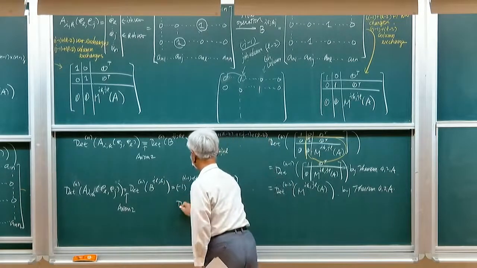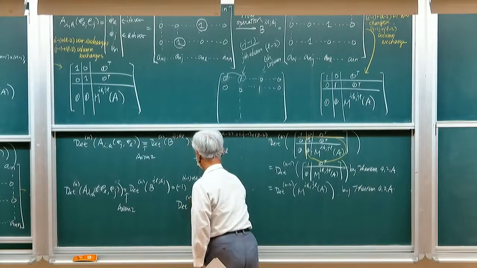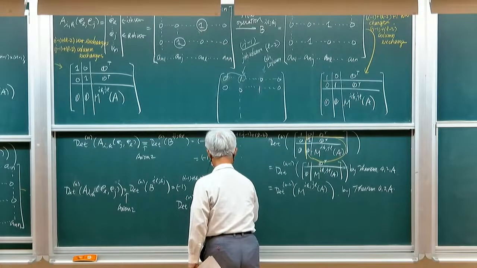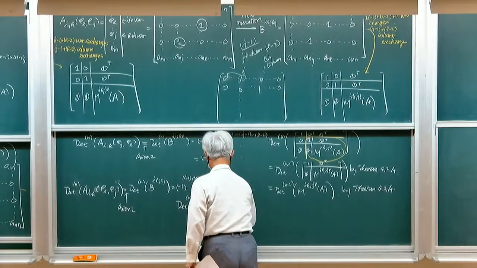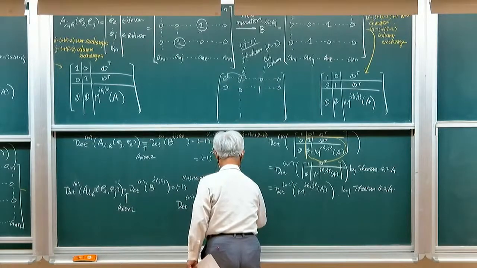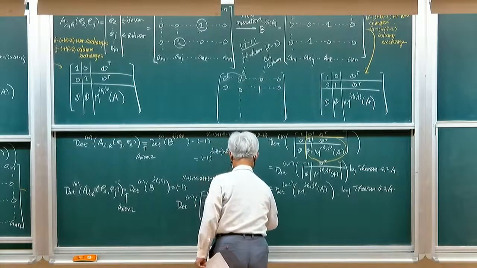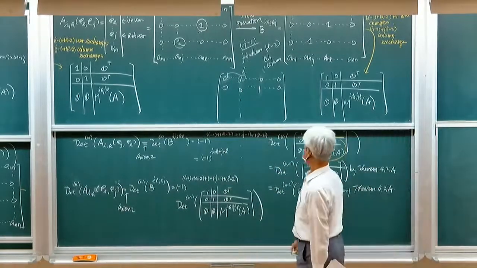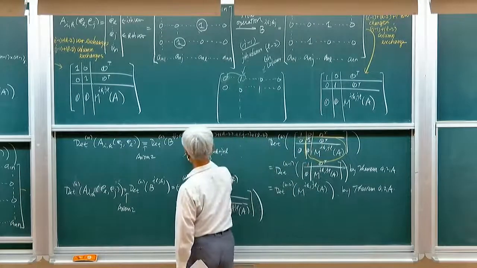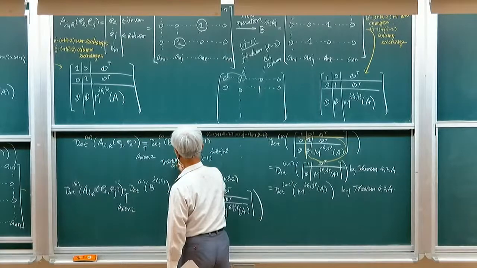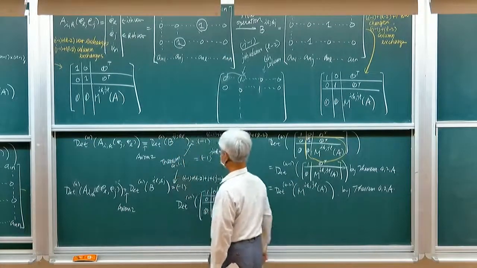Okay, it becomes the determinant of n... 1, 0, 1. Okay. And this is by theorem 4.1.1. Again, theorem 4.1.1.